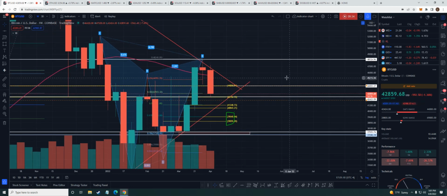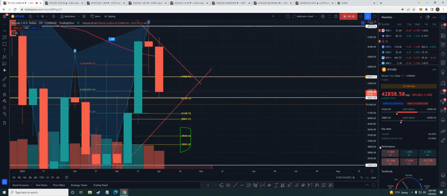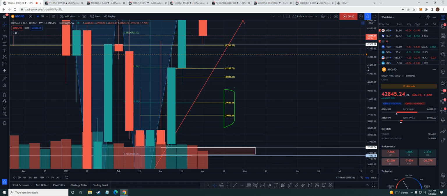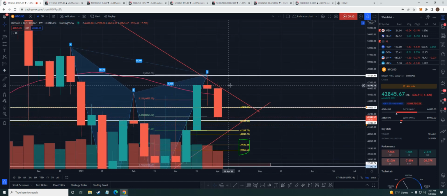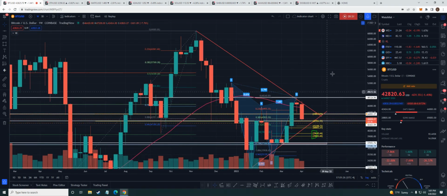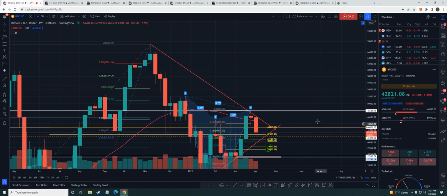Okay, so this is what I'm looking at for Bitcoin, guys. You guys can see, I'll zoom in, you guys can see my levels to the downside. Okay, to the upside, we just want to break the 46 and break this previous high right here at the 48,124, which we talked about.